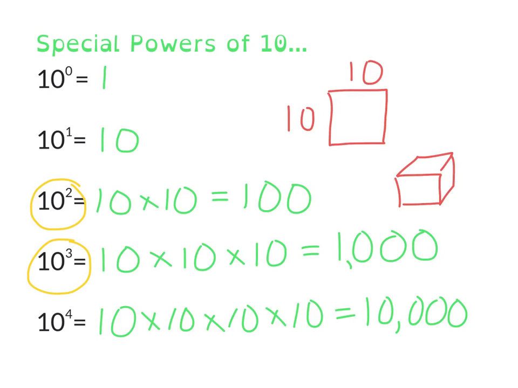And to get the volume of the cube, you multiply 10 times 10 times 10, or you multiply 3 times. So that's where we get 10 cubed from. So we have 10 to the 0 power, 10 to the first power, 10 squared, 10 cubed, 10 to the fourth power, and when you keep going, you just say 10 to the fifth power, 10 to the sixth power, 10 to the seventh power, and so on.